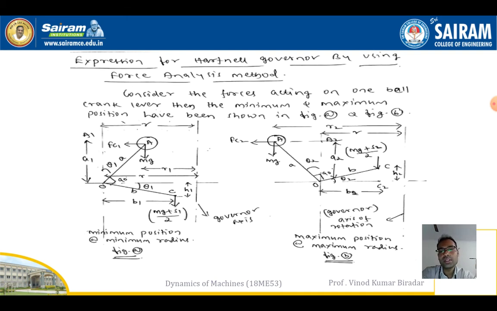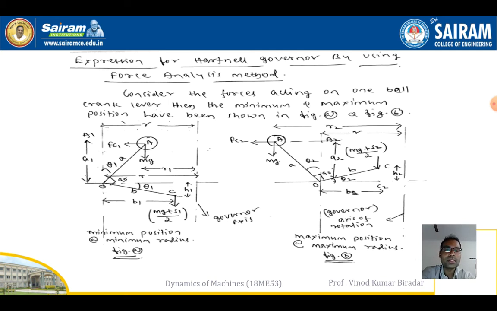When the speed decreases, the arm of the Hartnell governor comes down, near to the axis of the shaft, and the top sleeve moves in the downward direction. Hence I draw OA on the right-hand side for the minimum position condition, whereas for the maximum position condition we draw OA further right of the axis.